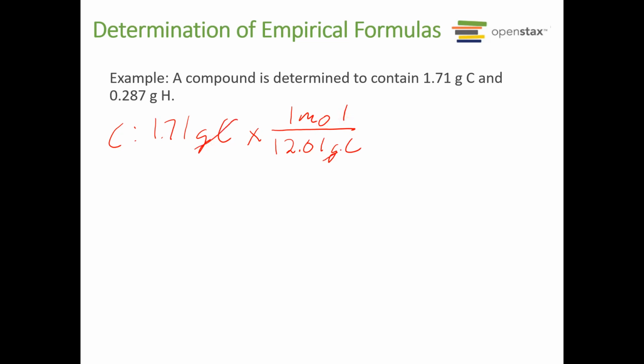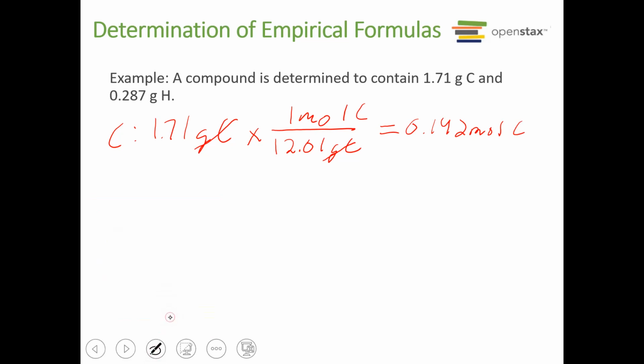So grams of carbon cancels with grams of carbon, and we're left with moles of carbon. If you divide 1.71 by 12.01, you come up with 0.142 moles of carbon.